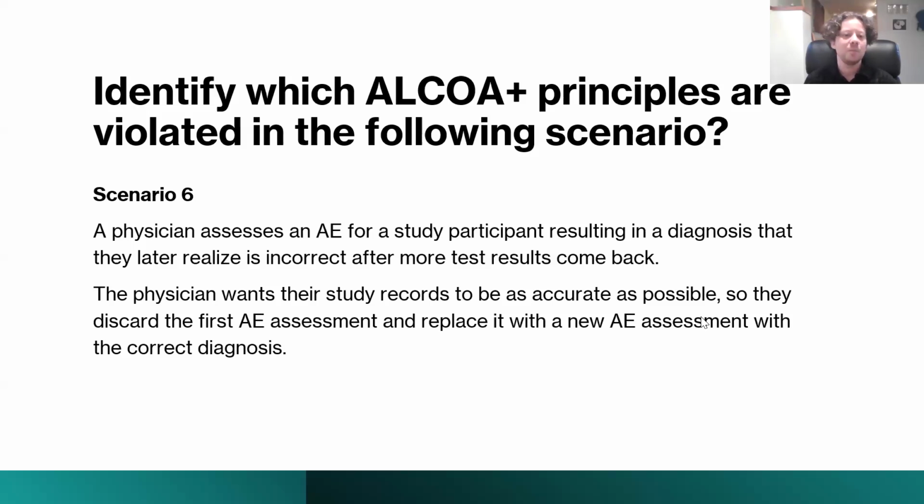It could look like maybe the physician was trying to save face about making an incorrect diagnosis. So it's very important that you never get rid of any of that original documentation. If there was something that was incorrect or an error was made, you can always add additional documentation that explains that. That says, after we got more results back, I updated this diagnosis to something that was more correct.